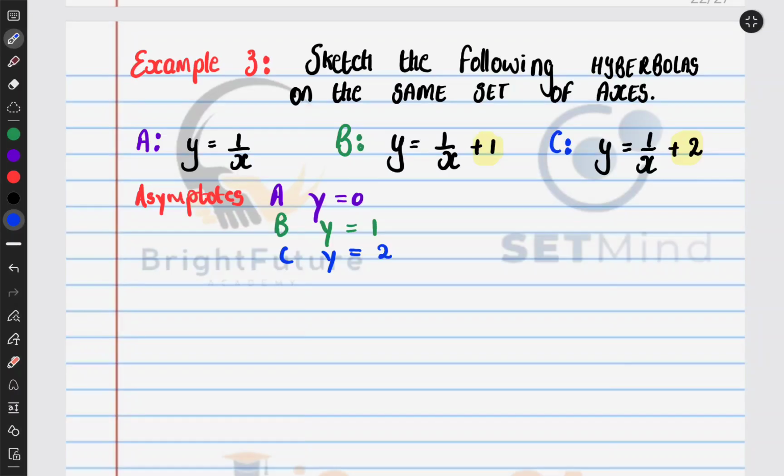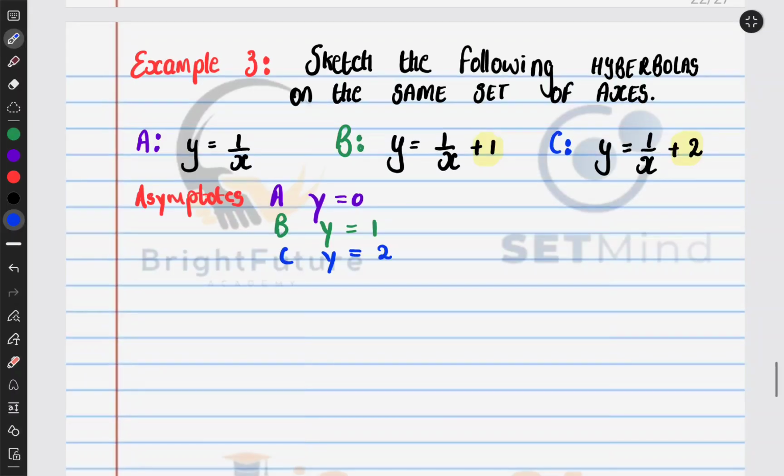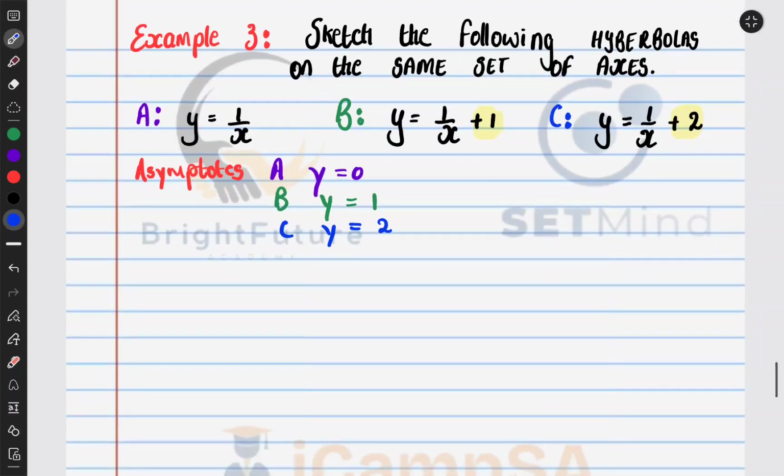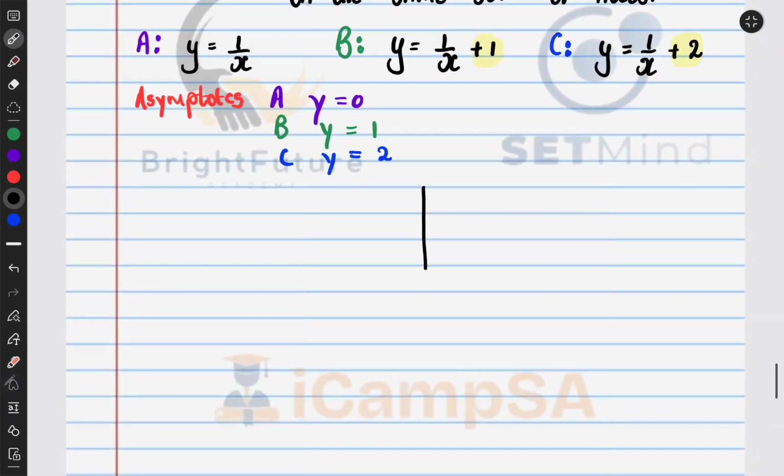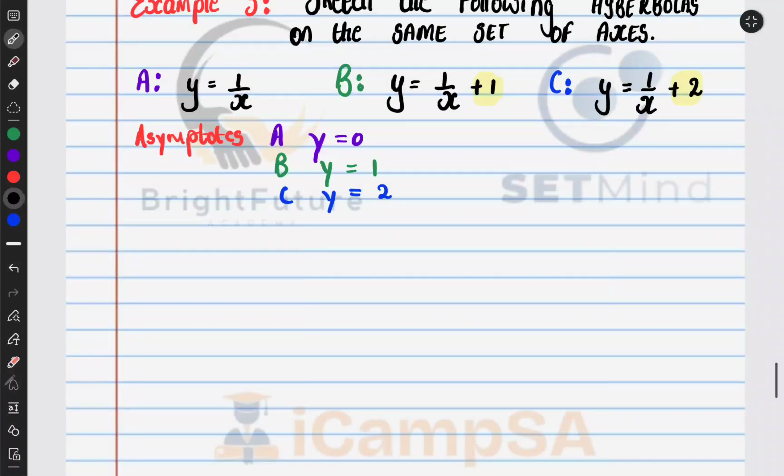And you'll also see that our function will now have an x-intercept, because the function now touches the x-axis since the asymptote has been shifted. But let's just sketch these functions. Hopefully we'll be able to see what I'm talking about.